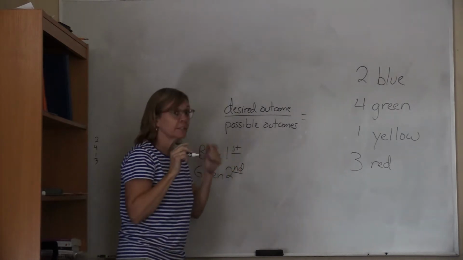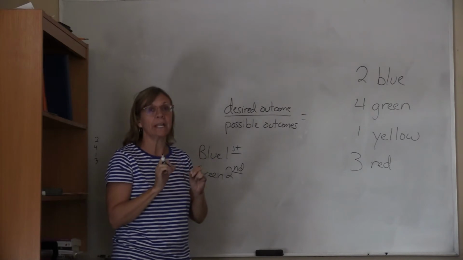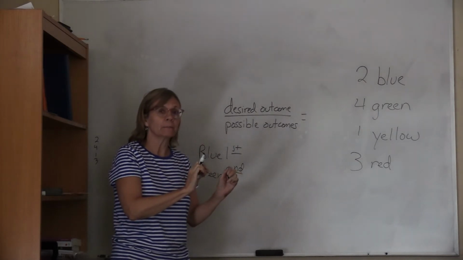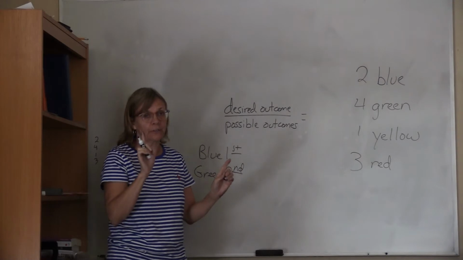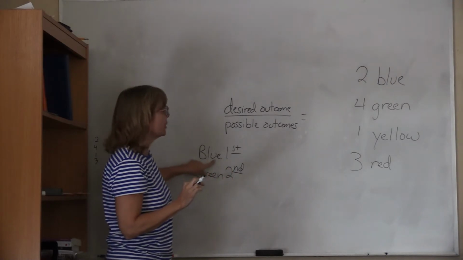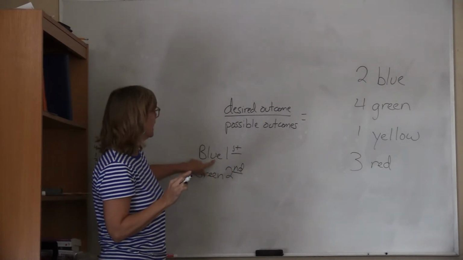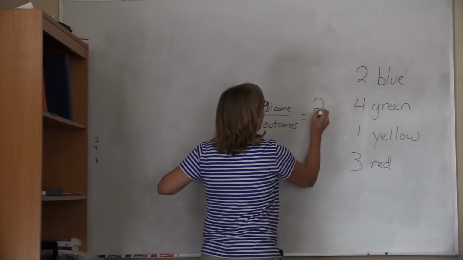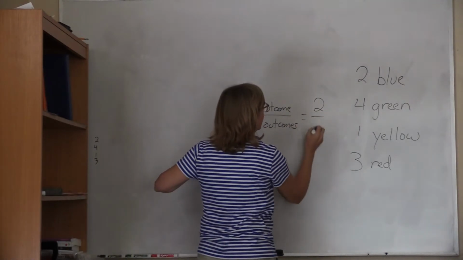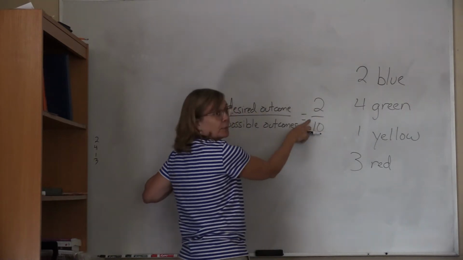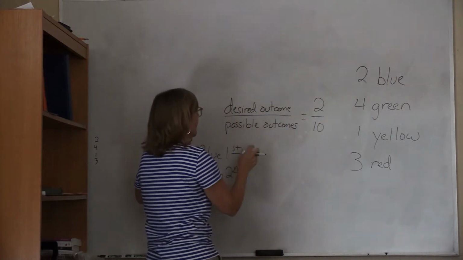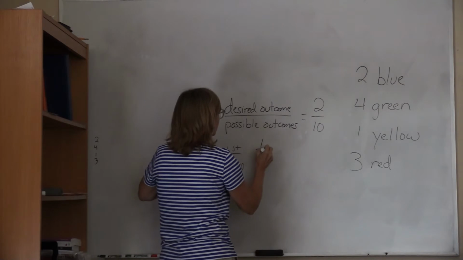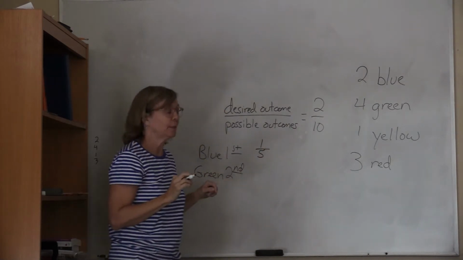Now, this is very important, they're going to either say with replacement or without replacement. And here's all they mean by that. Let's start with the first piece of this. What's the chance that I would draw a blue first? Well, there's 2 out of 6, 7, 8, out of 10. This is going to reduce to 1/5. So I have a 1 out of 5 possibility of getting a blue.